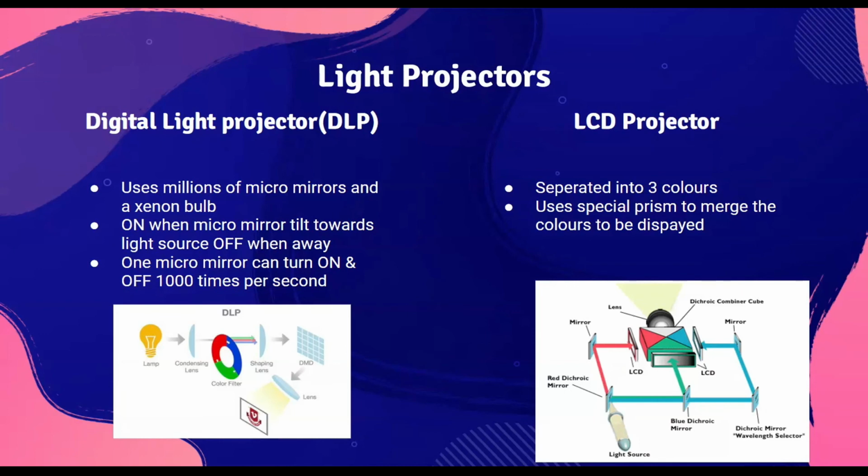So when red, green and blue are shown individually within a fraction of a second, it appears to be white. If a red image is needed, the micro mirror will be on when the filter is red, else it will be off, showing a red image on the screen.